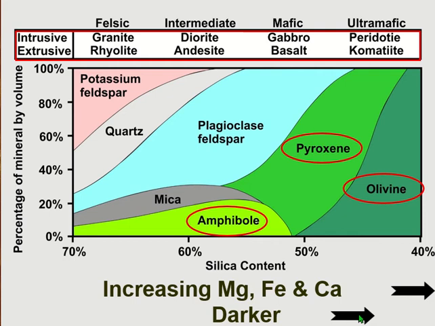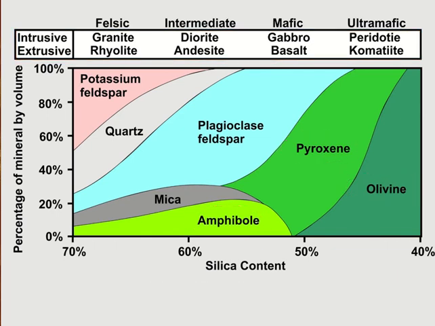So it's really quite easy to look at an igneous rock and say, oh, that's quite a light-coloured igneous rock, so it must be over here. And oh, that's quite a dark igneous rock, and that must be over here, even before you identify the minerals. So we'll go through each group: felsic, intermediate, mafic, and ultramafic.